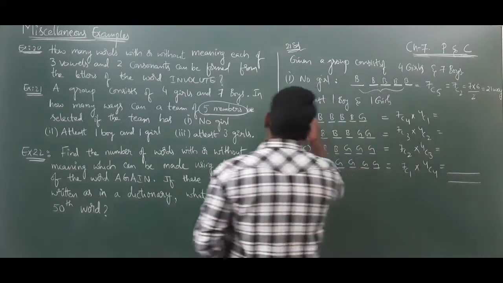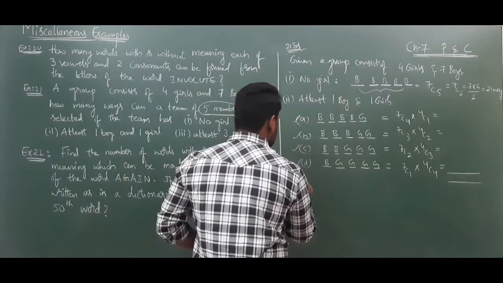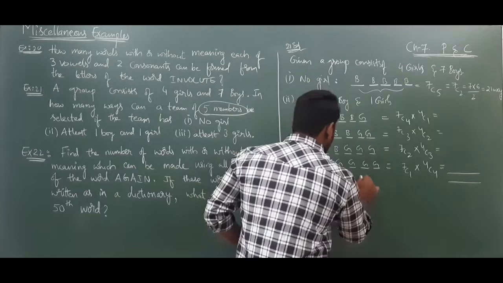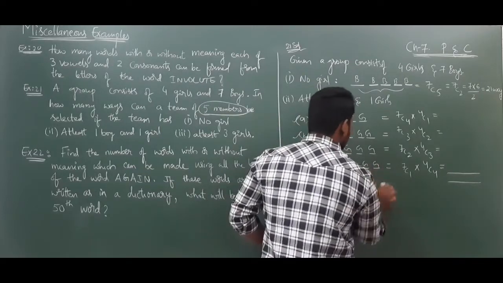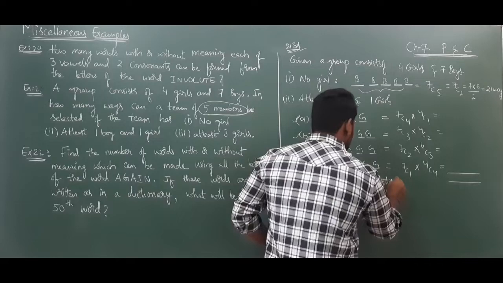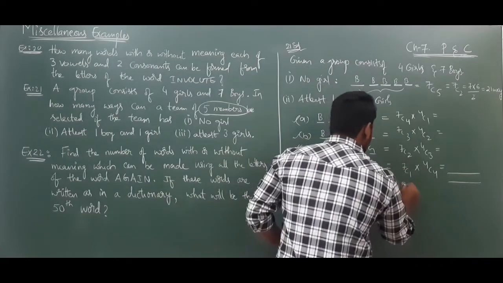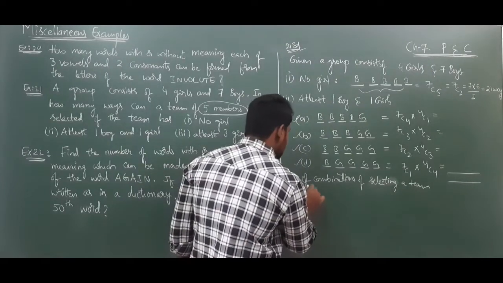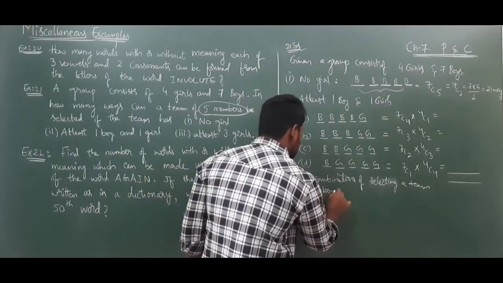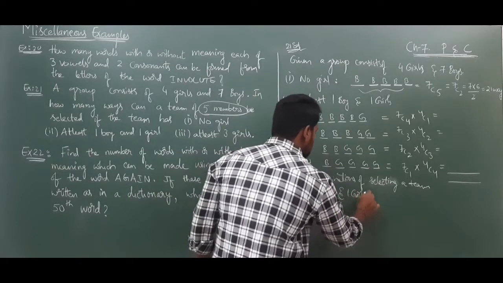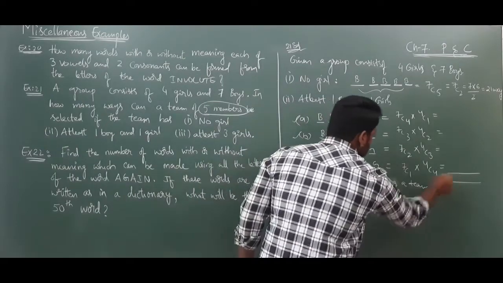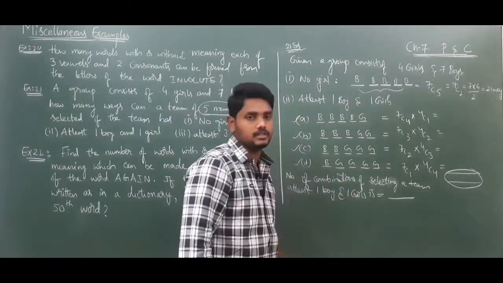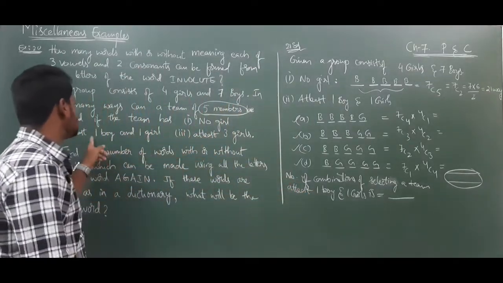So that will be the number of combinations of selecting a team in which at least one boy and one girl are there. So the total sum of all these will be the answer. This is about the second question, at least one boy and one girl.